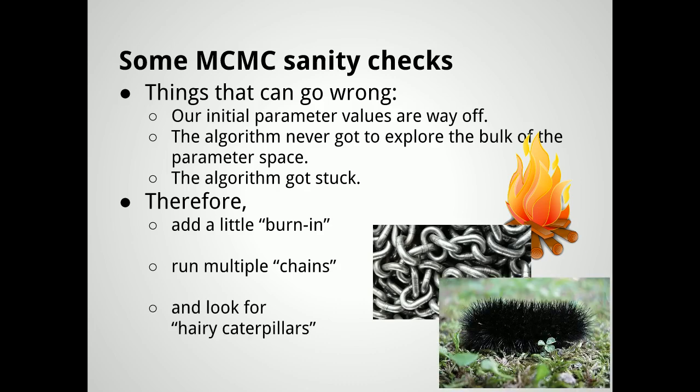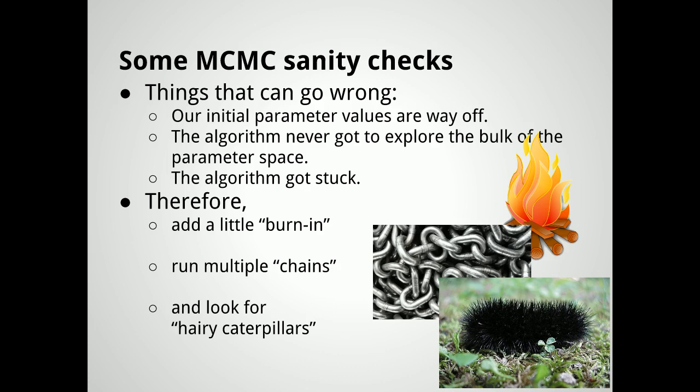And finally, when you plot the samples from the algorithm, you should look for hairy caterpillars, which is what you would see if the Markov chain Monte Carlo algorithm worked well. Doing these three things does not guarantee in any way that the algorithm did work well. It's just the bare minimum of sanity checks you should perform.